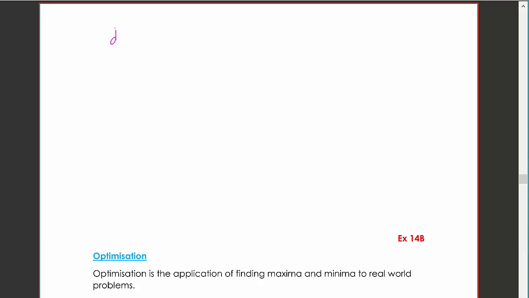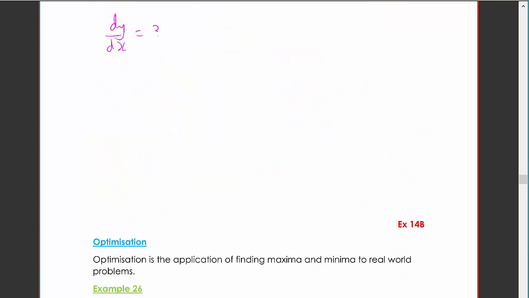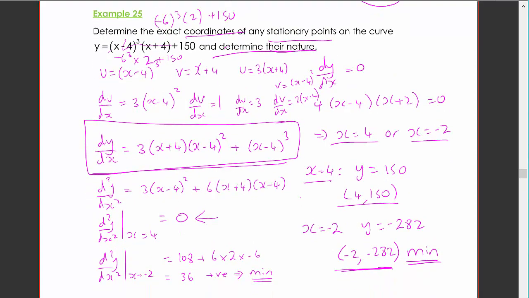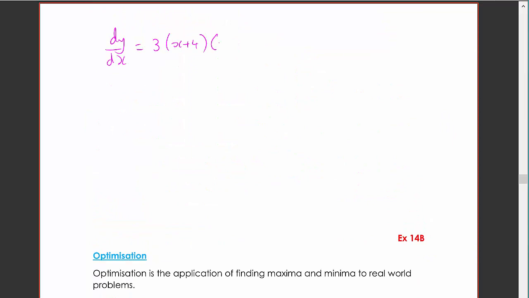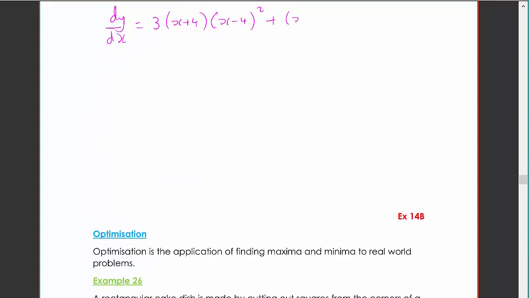So dy/dx was equal to 3x plus 4, x minus 4 squared, plus x minus 4 cubed. And we do something called a sign table.